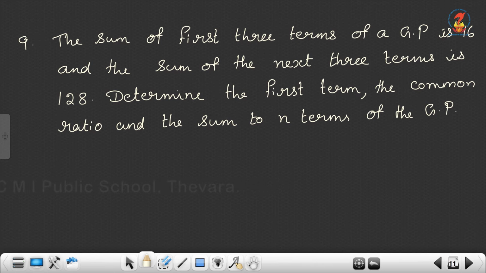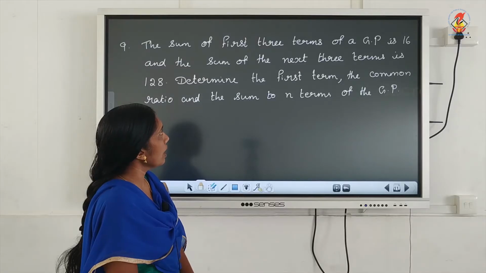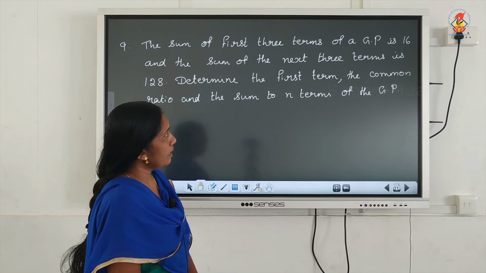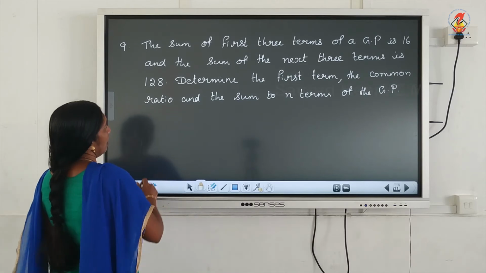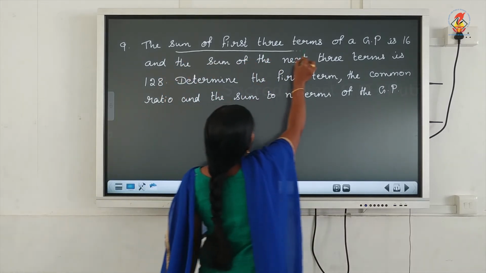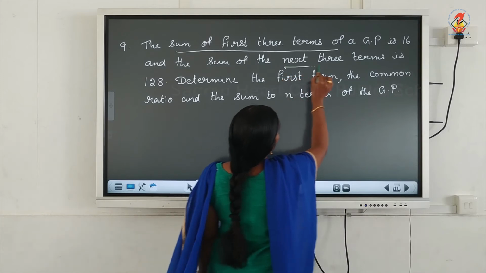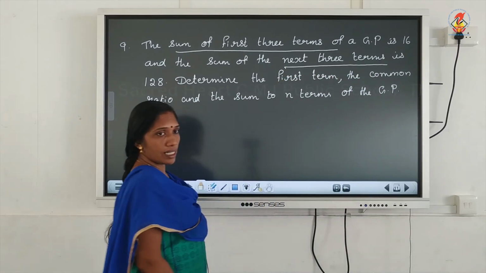Next one. The sum of first 3 terms of a GP is 16 and the sum of next 3 terms is 128. Determine the first term, common ratio and sum to n terms of the GP. Okay. So, the sum of the first 3 terms is given, and the next 3 terms, so in total we have to write 6 terms.